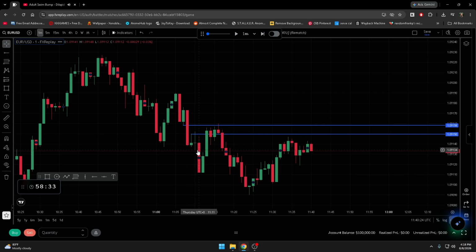Then boom, price continued downward, right? Price never came to touch this right here during this little run right here. But then it goes downward, breaking this candle right here. Then it comes back upward into this first candle.